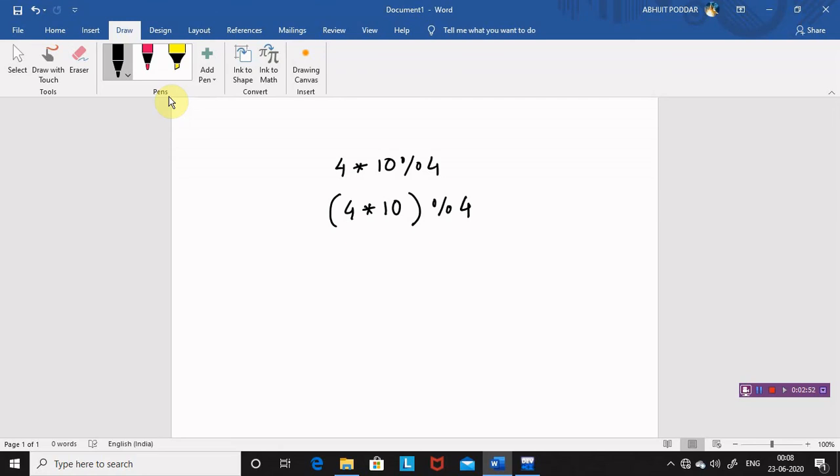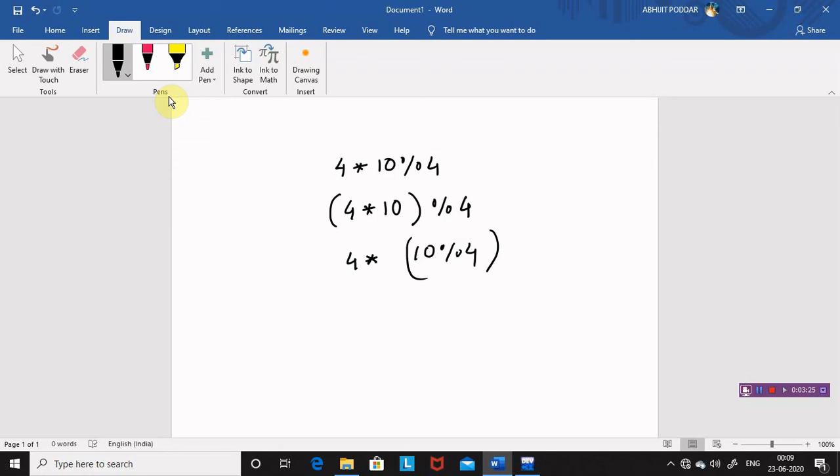Or does C evaluate the expression by evaluating 10 modulo 4 first and then multiplying 4 with the result? So again we have to take recourse to precedence, but the problem is the precedence of multiplication and the modulo operator is the same as is for the division operator. So multiplication, division, modulo operator all have same precedence.